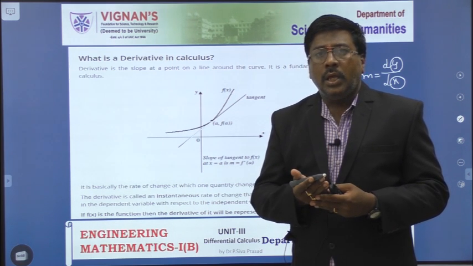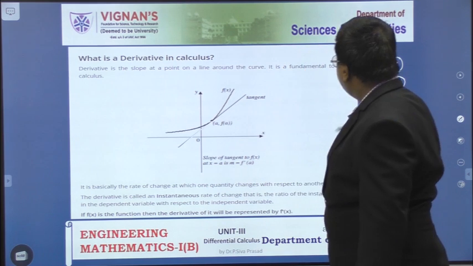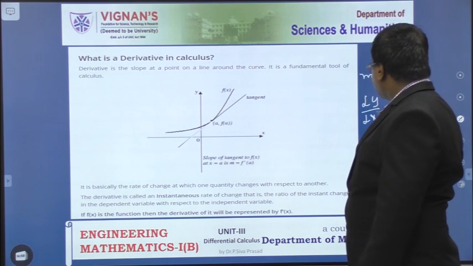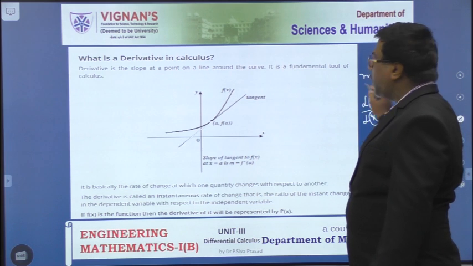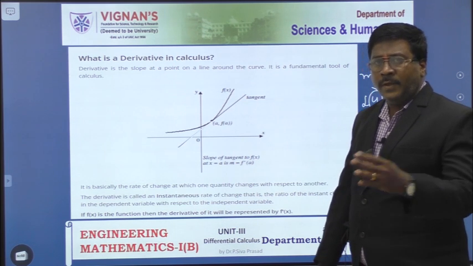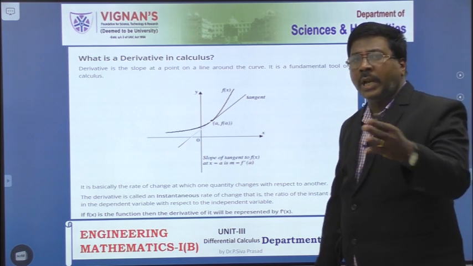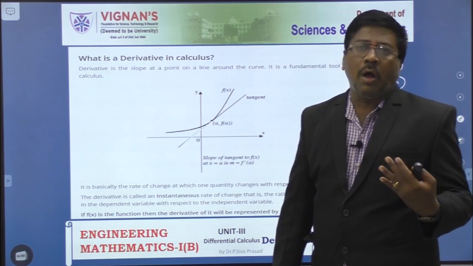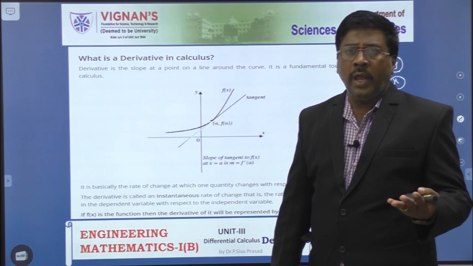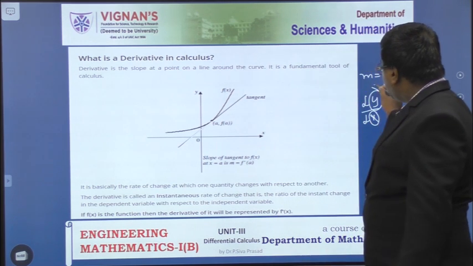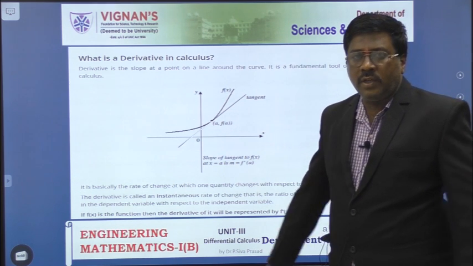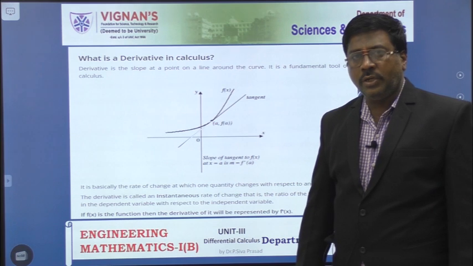In that, dy by dx is called a rate of change. Here x is the independent variable and y is the dependent variable. The time changes, and the distance traveled by the person also changes. We evaluate all these quantities by using the derivative, which is differentiation.